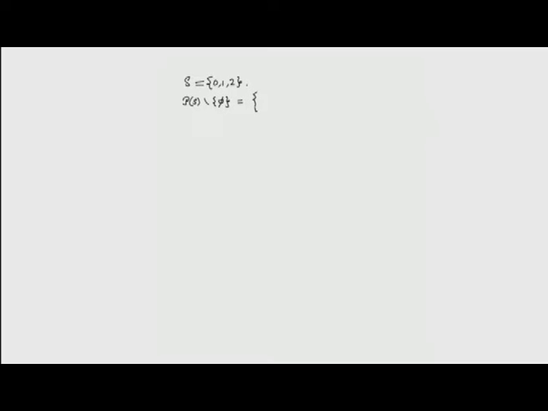Now, let us start listing. First, we will write all the singleton subsets, then we will write the subsets of size 2 or subsets of cardinality 2, 0 1, 0 2 and 1 2, and finally, we write the subset 0 1 2.